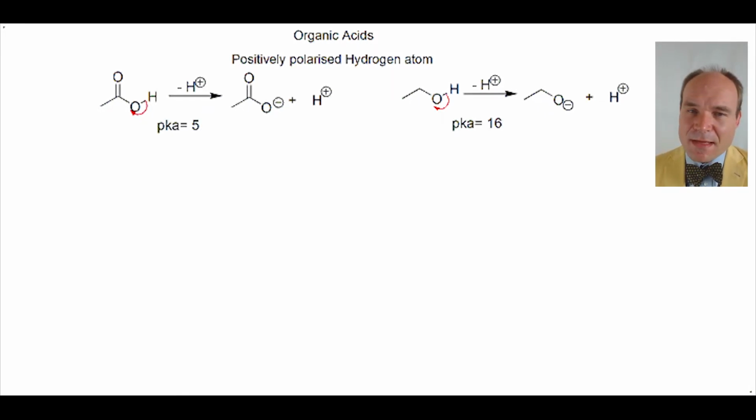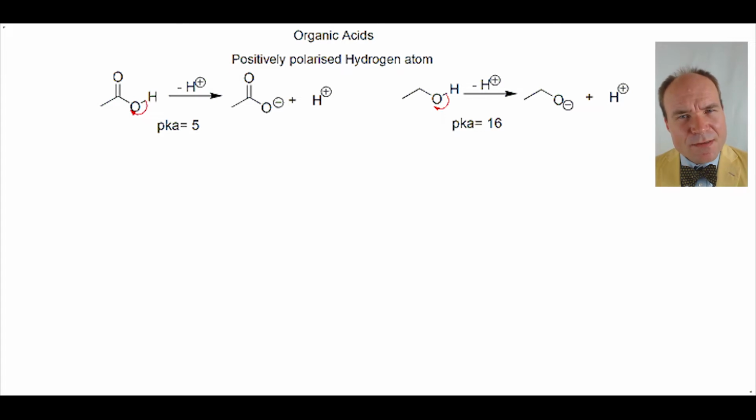The carboxylic acid has a pKa of 5, while the alcohol has a pKa of 16. From this information, we can say that the carboxylic acid is a stronger acid than the alcohol. We can also say the reaction of the carboxylic acid in equilibria is more towards the right than in the case of the alcohol.